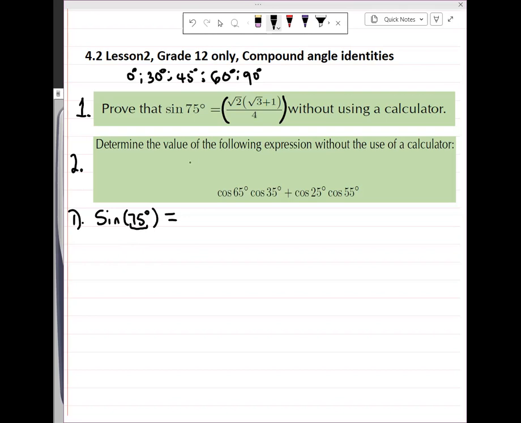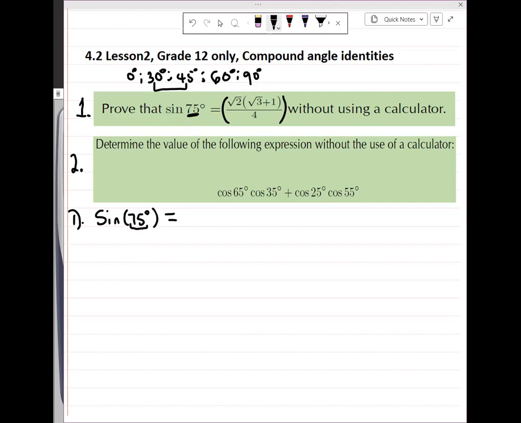But the most interesting thing about this one is that if I add these two special angles, I'm going to get this exact value, which is very exciting. Sometimes when you subtract, it's going to give you this number. Sometimes when you multiply one special angle by 2, which are double angles, we still get there.